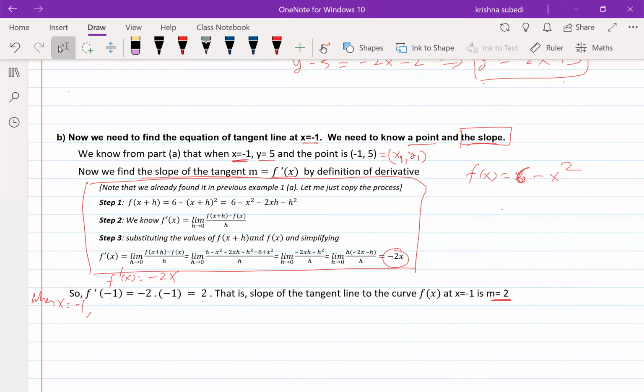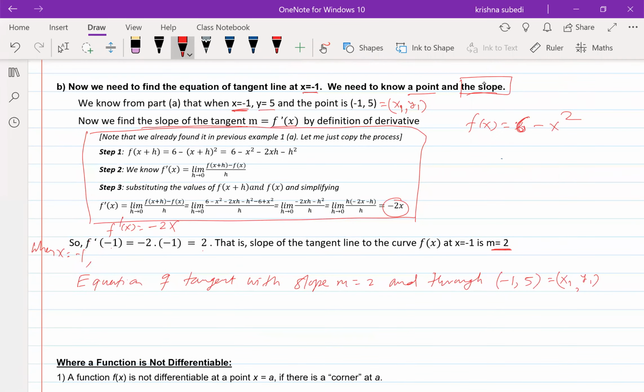Now we have the slope and we have the point. So we will find the equation of the tangent with slope m equals 2 and passing through the point negative 1, 5. We suppose that to be x1 and y1. And we know the formula from high school, which is y minus y1 equals m times x minus x1.